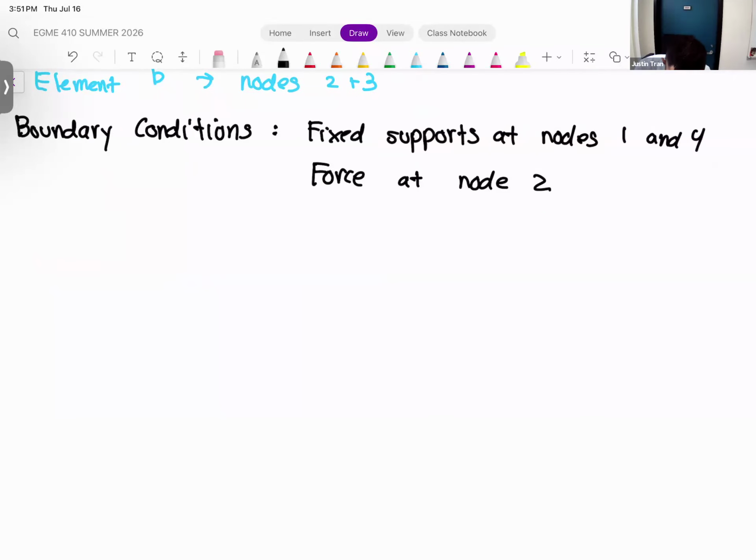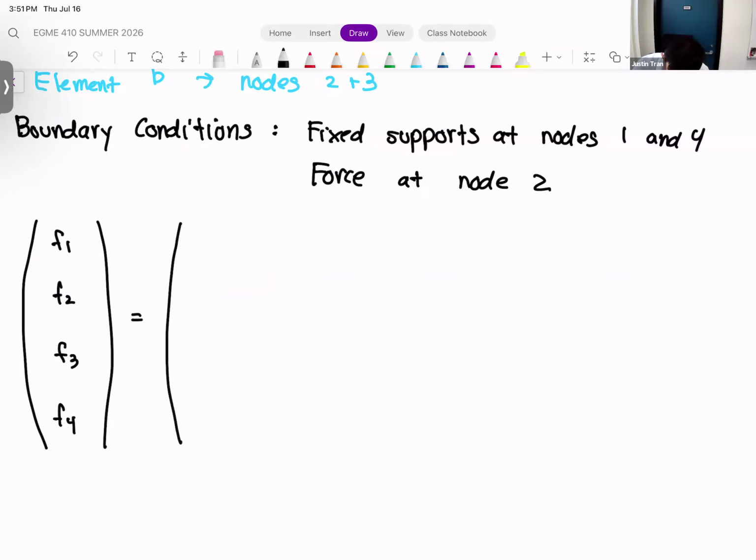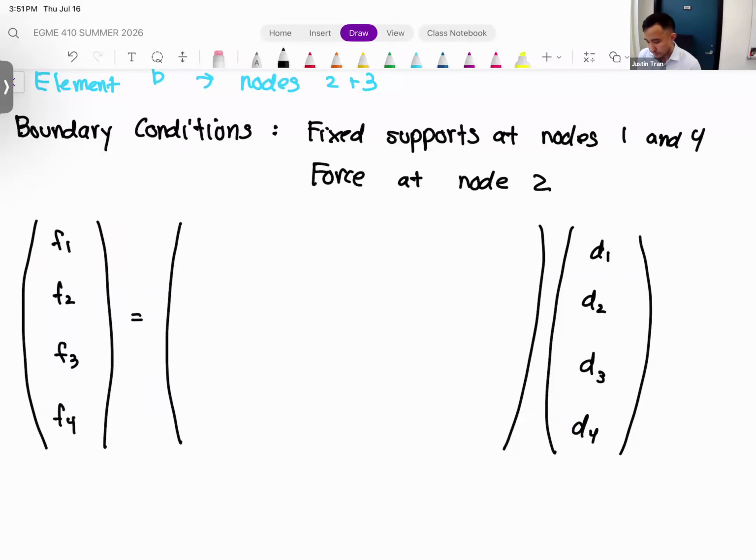Let me rewrite our entire system here: F1, F2, F3, F4, D1, D2, D3, D4. I'm not going to write the values in, just because we're going to end up overwriting a lot of it anyway. We'll fill in everything else that we need at the end.